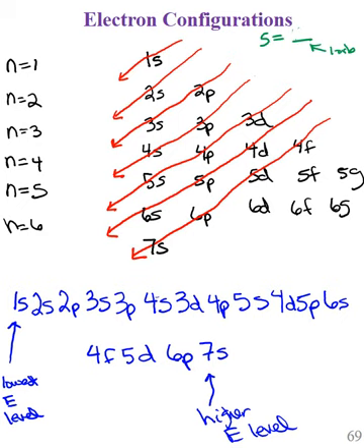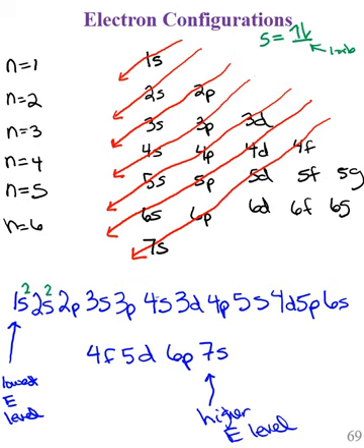And remember, each orbital can hold 2 electrons. So the s can hold 2 electrons, one up, one down. So the s can always hold 2 electrons. So 1s2, and then the next one we have is 2s. Again, an s orbital will only hold 2 electrons.